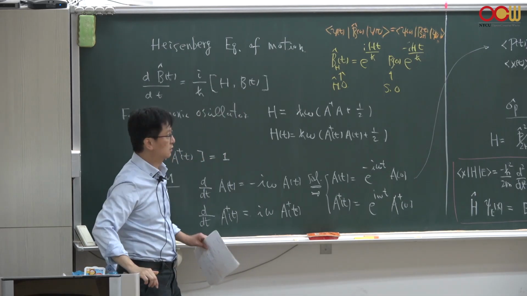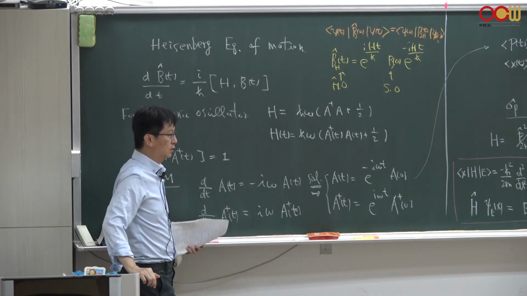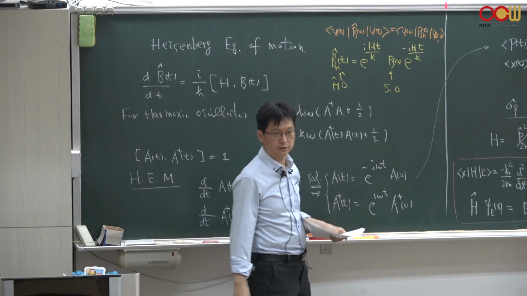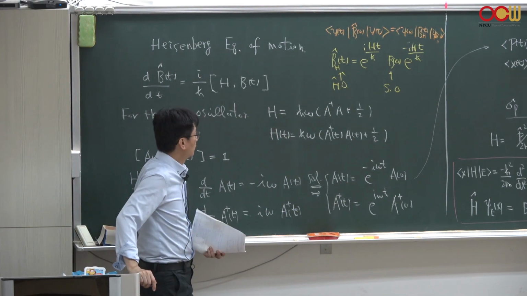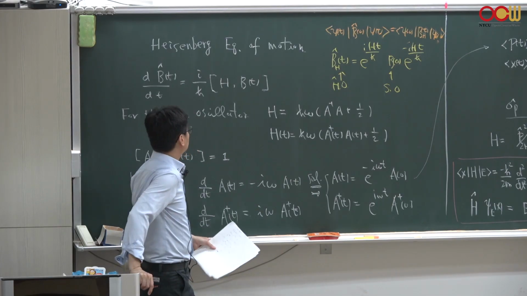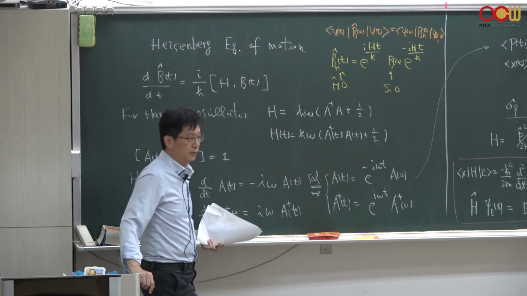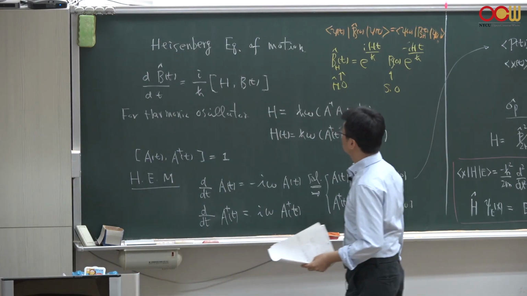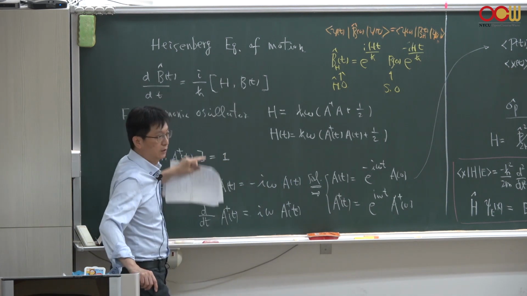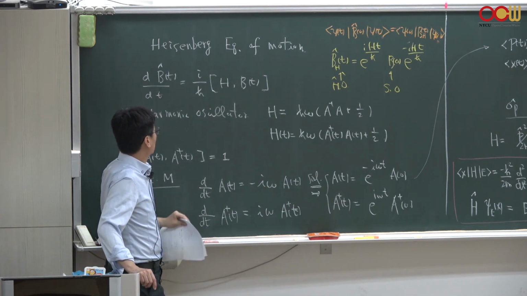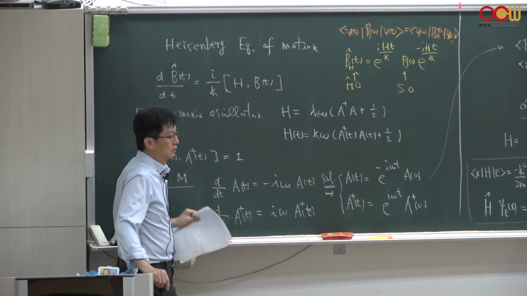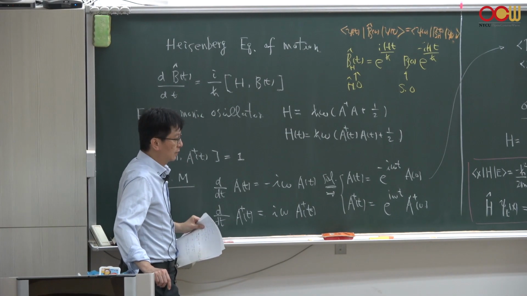But in many cases, it is much more convenient for us to adopt the Heisenberg operator, meaning the operator in the Heisenberg picture, where the operator does time-evolve. In such a case, we are able to derive the Heisenberg equation of motion for the Heisenberg operator like this, where we already derived such commutation relations and the time derivative of the operator in the Heisenberg picture.